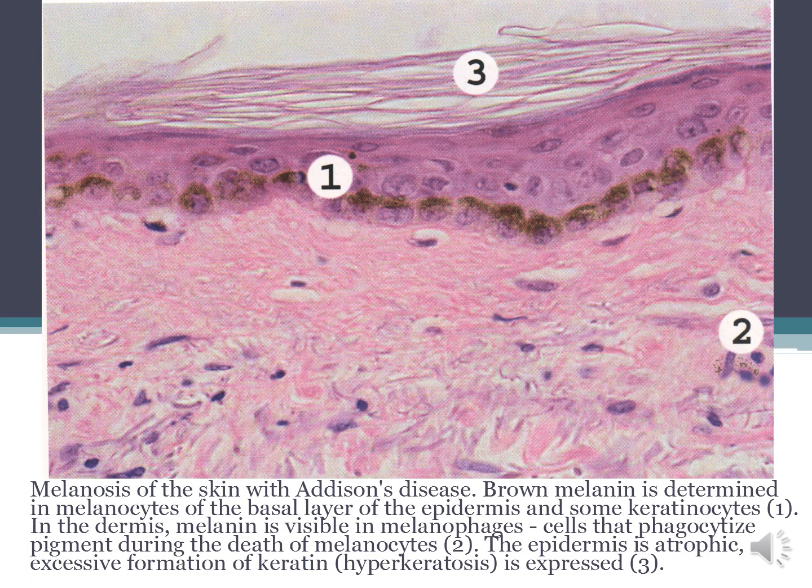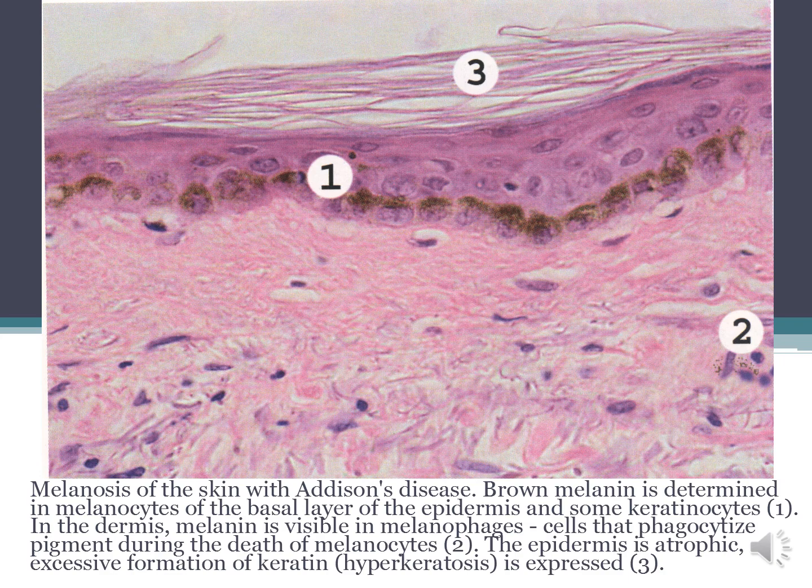So here you see an example of skin melanosis. This is a sample of skin from a patient with Addison disease. Look here, under number 1, we see the zone with increased pigmentation.